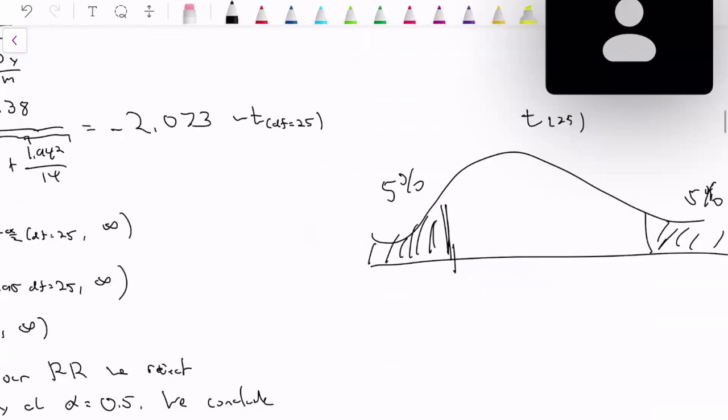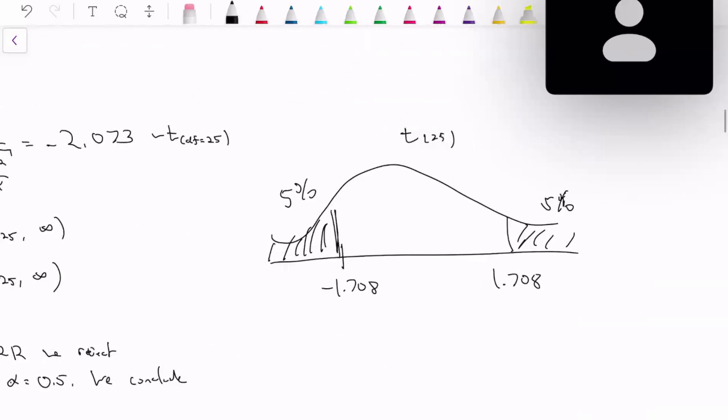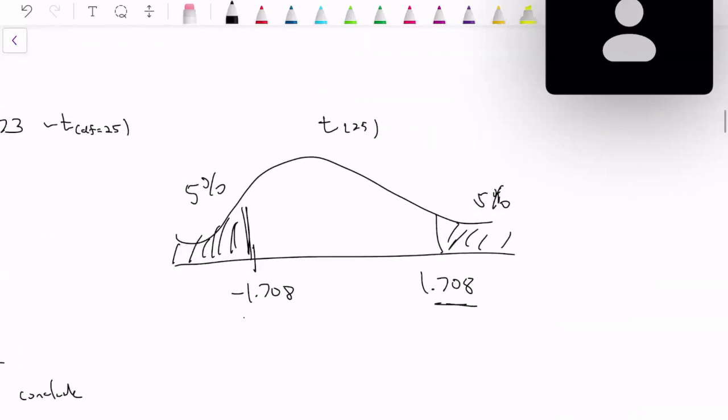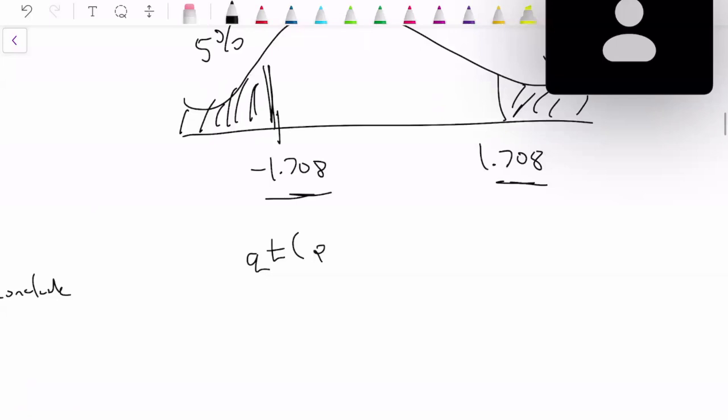And then this would be negative 1.708. So if he asks you to get the critical value, like these values here, then you would do the quantile, so qt, and then here you would specify the probability and then degrees of freedom.